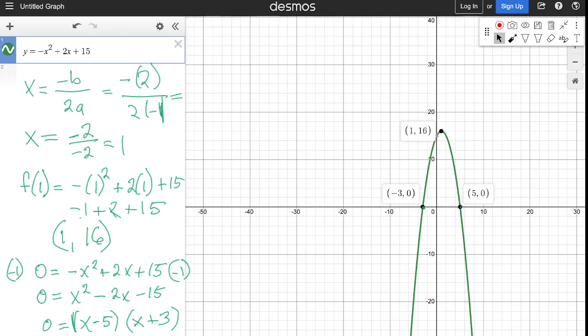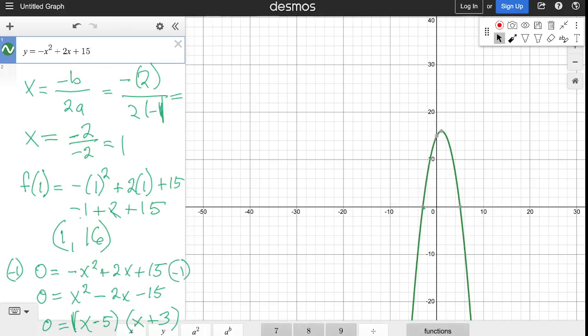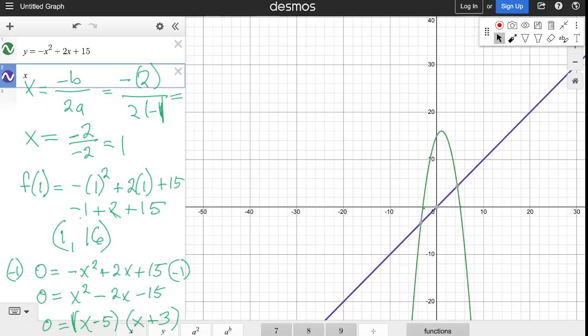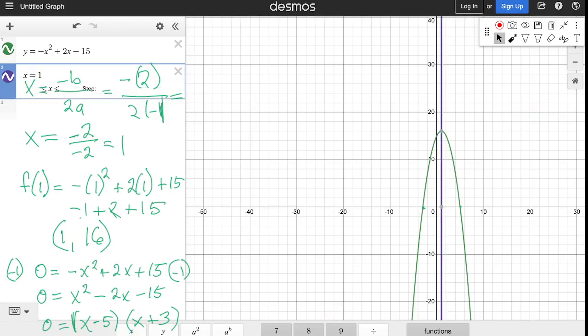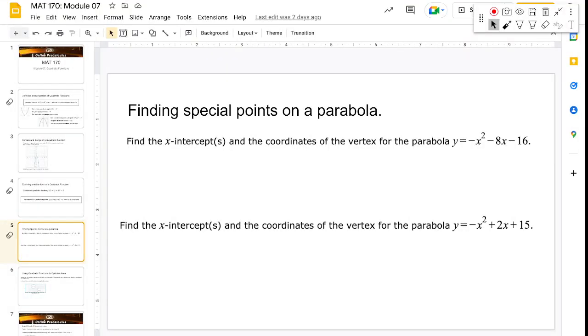And again, in all of this, it's going to look a little messy, but we could put in our vertical. That's what I like about Desmos, is I can actually put this in as x equals 1. There's our vertex, or our line of symmetry, cutting the parabola right in half.